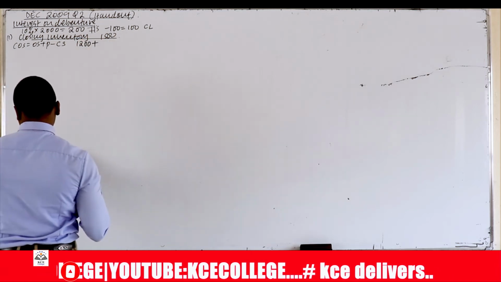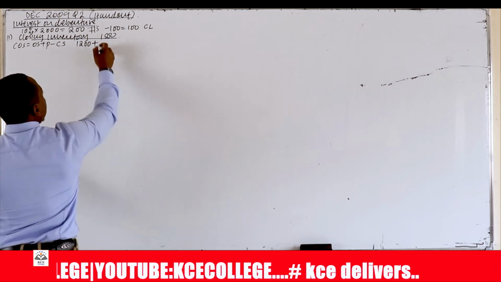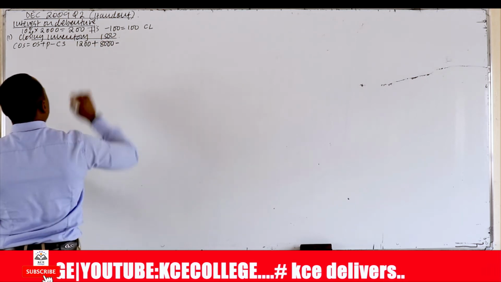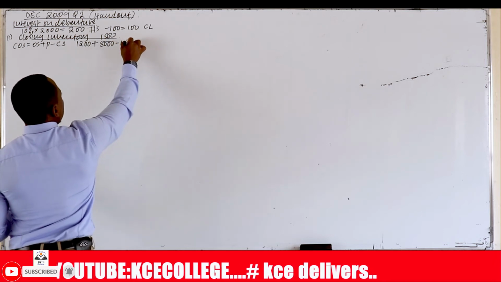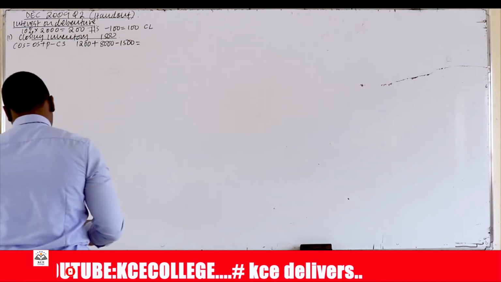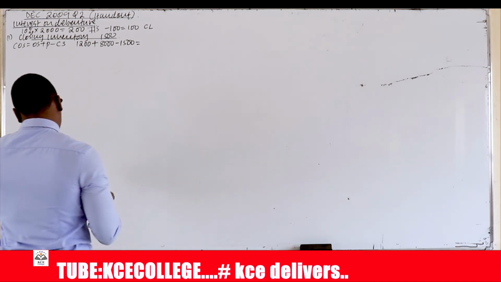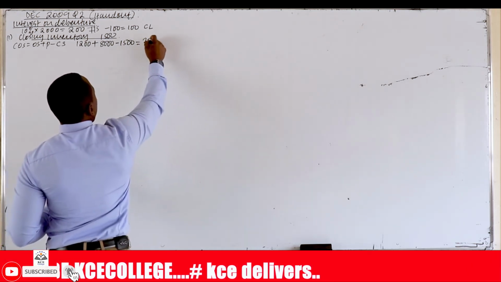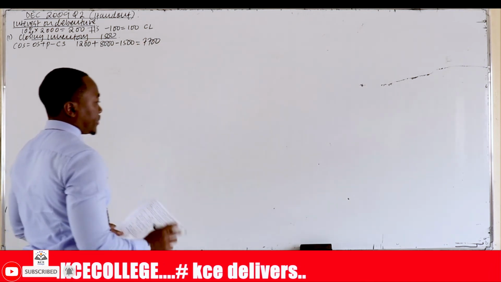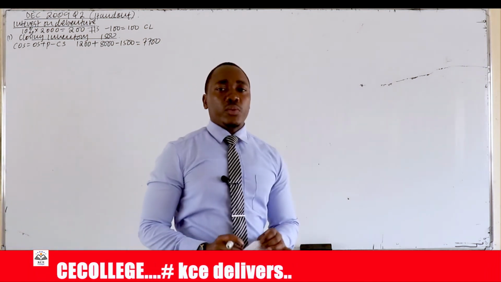You add the purchases, which are 8 million. Then you subtract the closing stock of 1,500. Therefore, how much will be our cost of sales? The cost of sales will be an amount of 7,700. So you are through with number one.